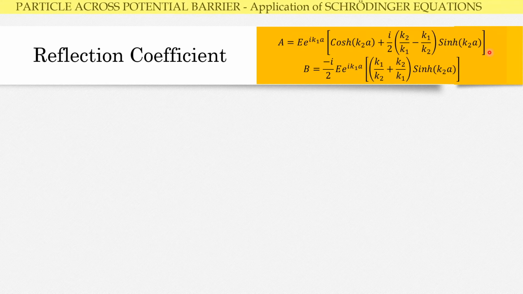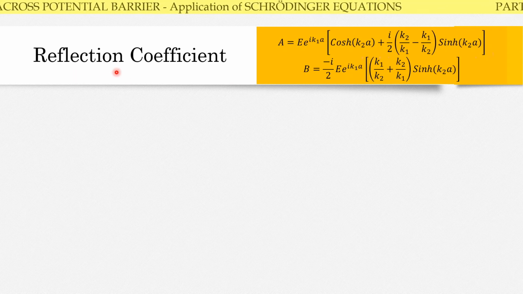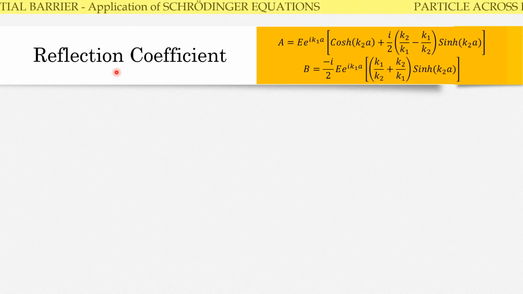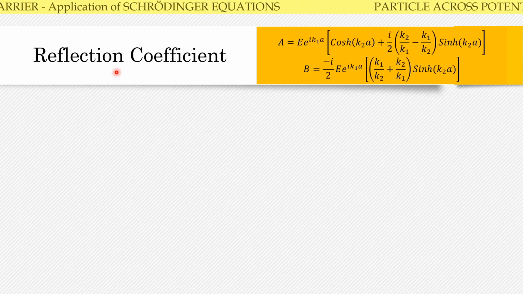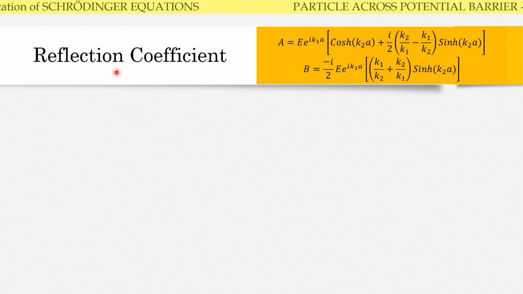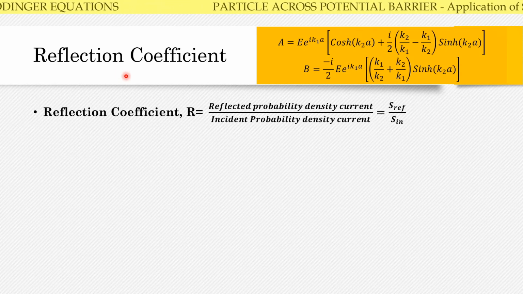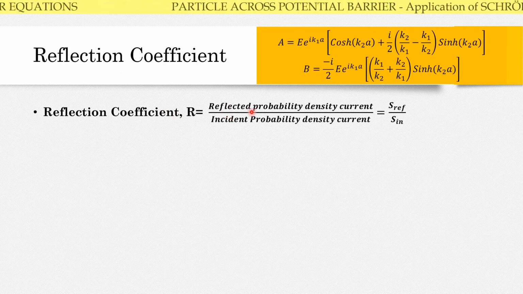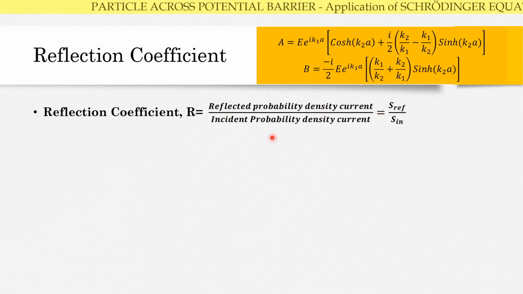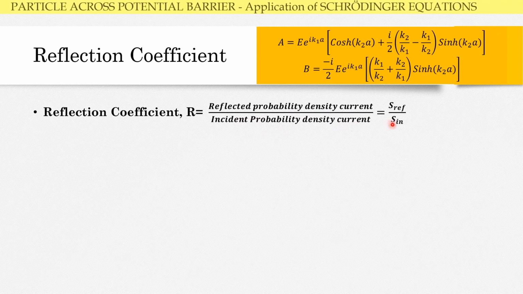So our first job is to see what actually is the reflection coefficient. Reflection coefficient represents the probability of getting a reflection of the particle, and this coefficient is defined by the ratio of the reflected probability density current S reflected and the incident probability density current S incident.